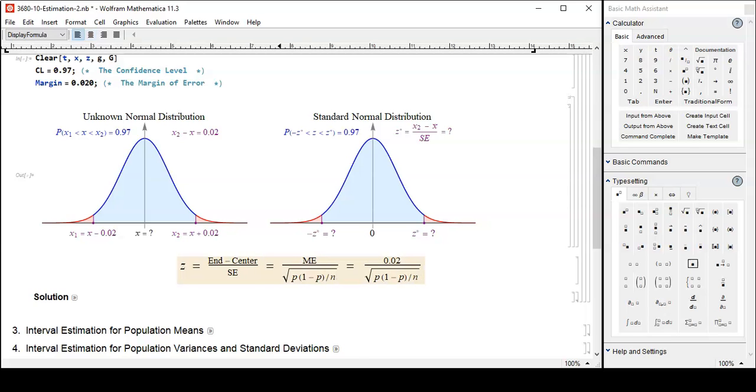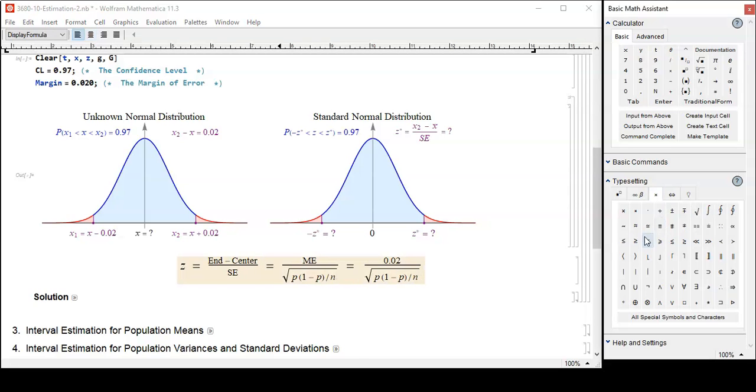And that has to be approximately equal to the z-score associated to 97% in the middle, so 1.5% here, 1.5% there.